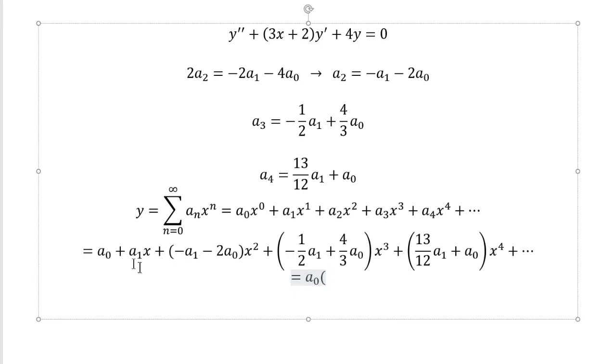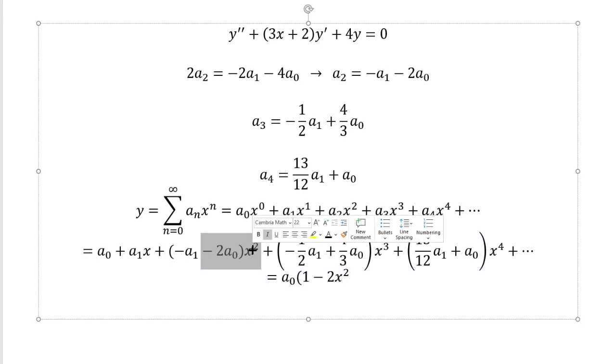So a0 times 1. x doesn't have any a0, so it's just nothing for x, but then for x squared, that's minus 2a0 x squared, right? Oh, a0 is already there, so I don't need to write that. If I take this much and factor the a0 out, you're going to end up with negative 2x squared, right?